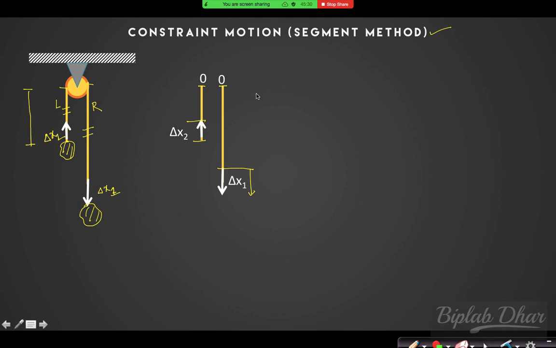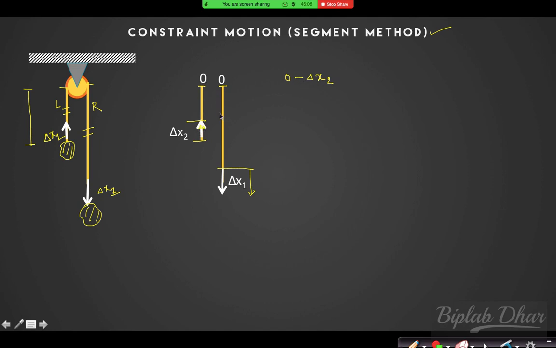Now I will write down an equation. This is 0, so that part doesn't matter. But by delta x2, am I going to decrease that length or increase that length? Decrease. So whenever it is a decrease, you can put a negative sign for that. Again, whenever you find the displacement or velocity inside the rope, take a negative sign for the left segment.